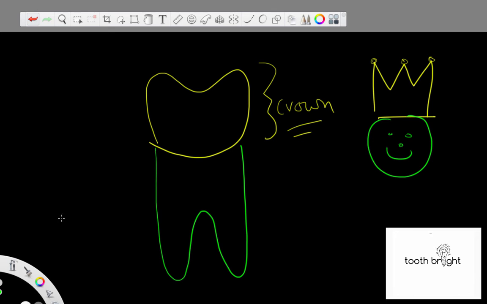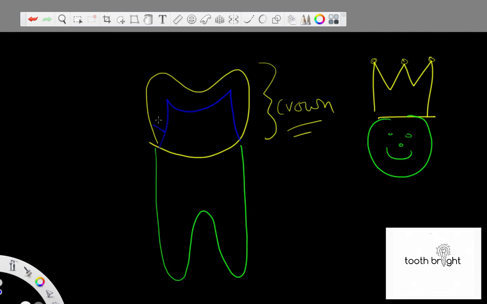And the crown has a very thick outer layer called the enamel.